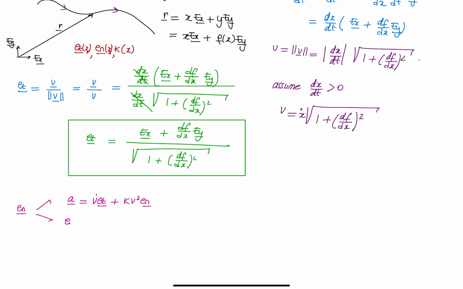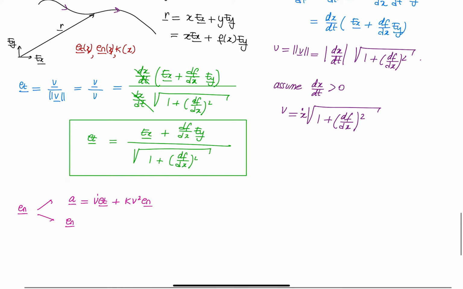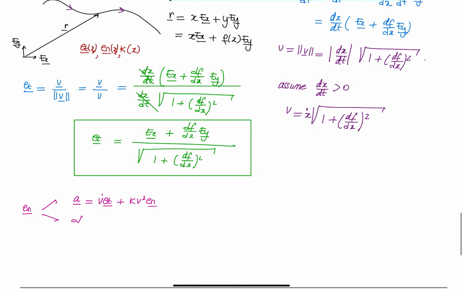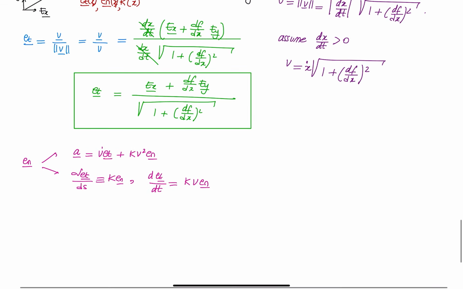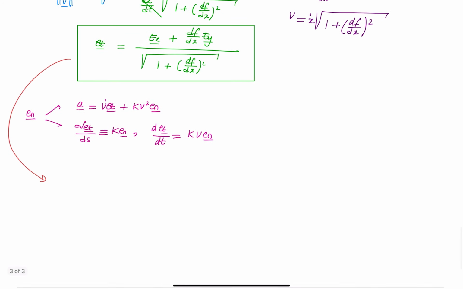We also know that de_t by ds by definition is equal to kappa e_n, where e_n is a unit vector, or de_t by dt is equal to kappa v e_n. So maybe I'll take the derivative of e_t with respect to time. Let's see how complicated that is. It's because I know that de_t by dt should be equal to kappa v e_n from here.